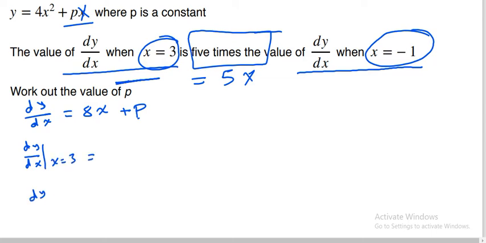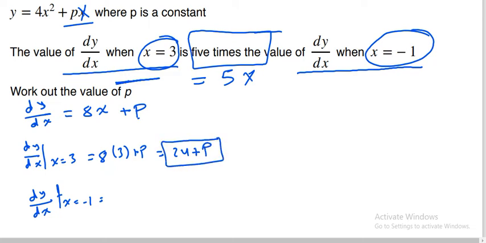Dy by dx at x equal negative 1 equal what? Here it's 8 multiply 3 plus p equal 24 plus p. The first part. The second part, 8 multiply negative 1 plus p, so it will be equal negative 8 plus p.